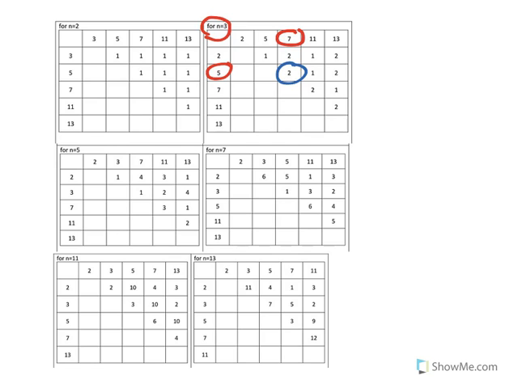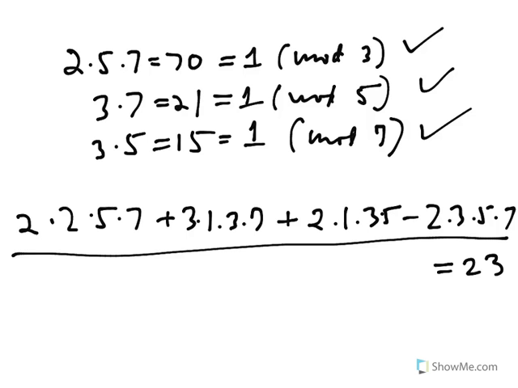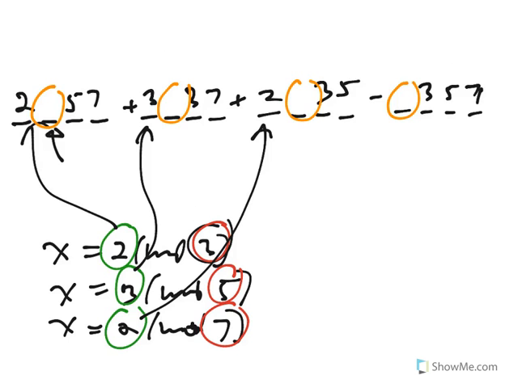What this means, that 2 in that spot, means that 2 times 5 times 7 is equal to 1 mod 3. And it is. 7 times 5 is 35, times 2 is 70. 70 divided by 3 is 23, remainder 1. That 2 is what goes in this spot right here.